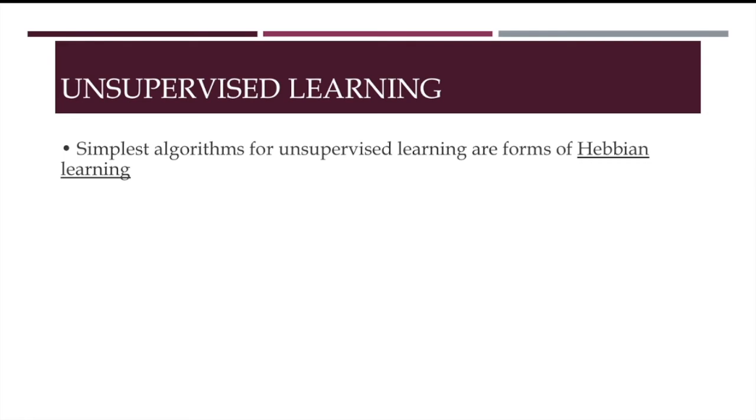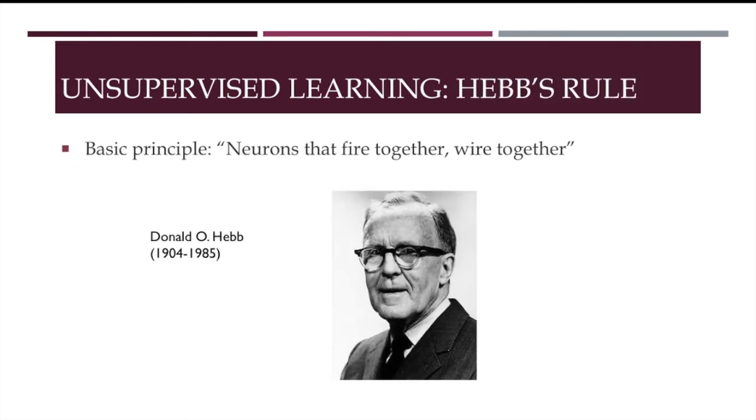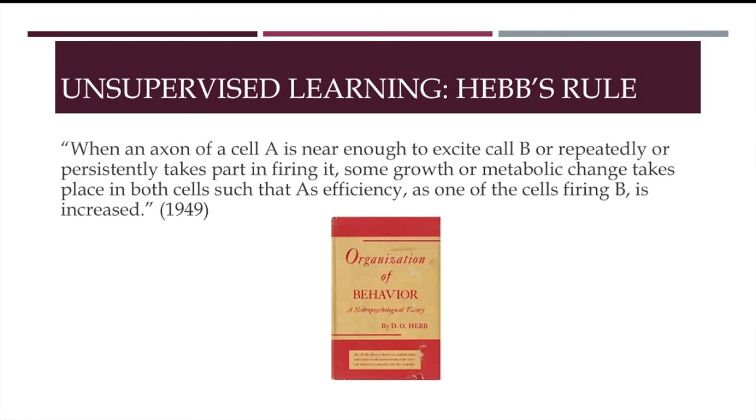The simplest of the algorithms for unsupervised learning is what is called the family of Hebbian learning that use Hebb's rule, and is based on this dictum by the neurophysiologist Donald Hebb that says that neurons that fire together wire together. And what he says in his book Organization of Behavior is that when an axon of a cell A is near enough to excite cell B, or repeatedly or persistently takes part in firing it, some growth or metabolic change takes place in both cells, such that A's efficiency as one of the cells firing B is increased.